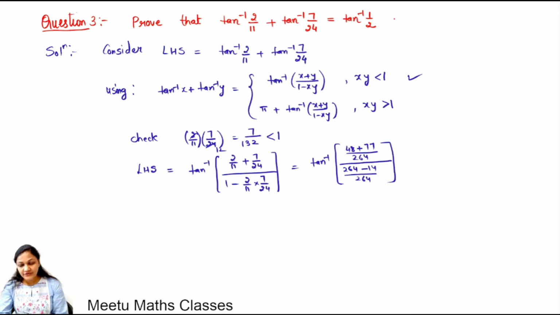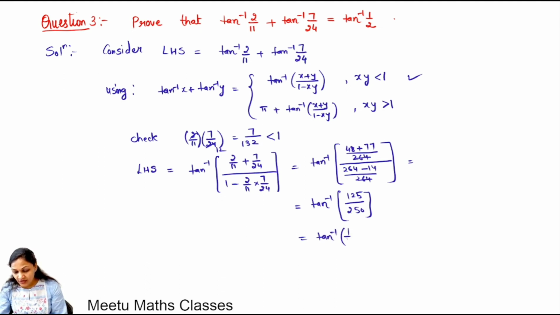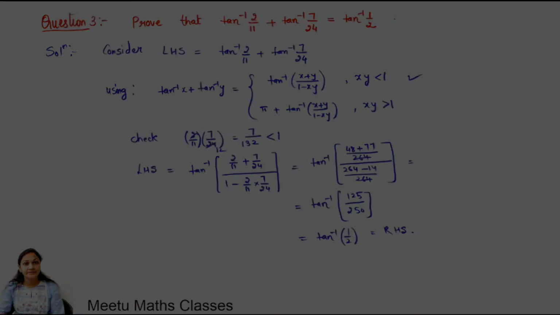Now 264 will cancel out and you are left with tan inverse of 125, and 264 minus 14 will be 250, and this is equivalent to tan inverse of half, and this is your right hand side. So hence proved.